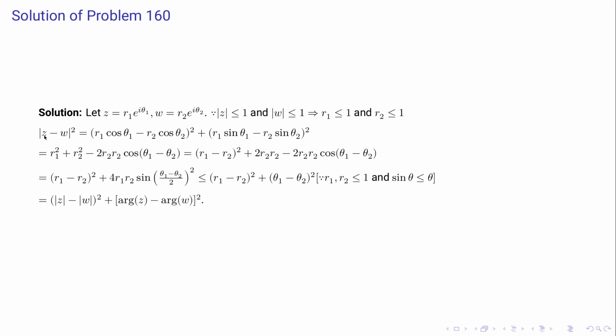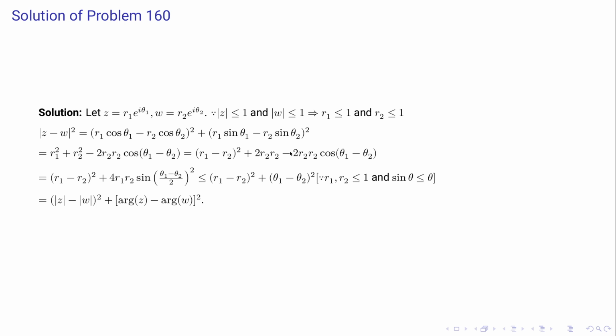Now we compute |z − w|². We get this one as, you can see in the equations, this is the base equation, and then from this we arrive at r1² + r2² − 2r1r2 cos(θ1 − θ2). We add and subtract 2r1r2, and it becomes (r1 − r2)² + 2r1r2(1 − cos(θ1 − θ2)).